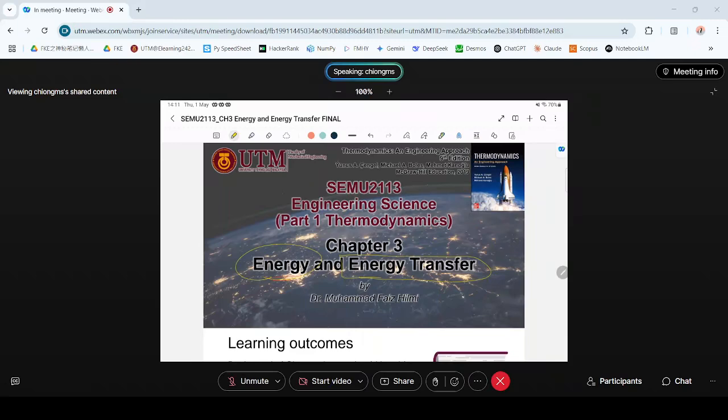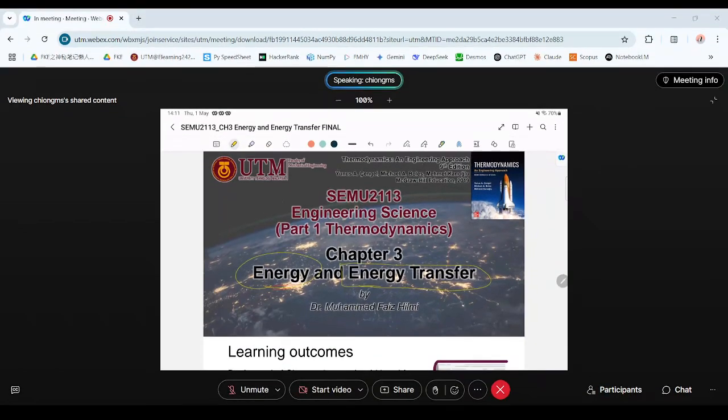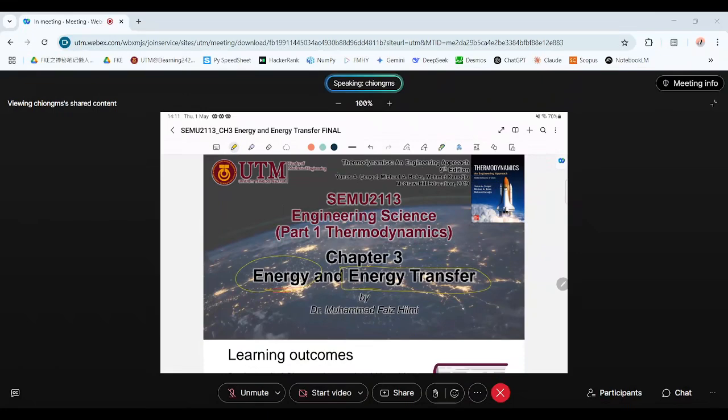Specifically, we look at two types of substance. One is a pure substance, and the second is ideal gas, something that's light enough. We learned that we can approximate its thermodynamic state using the ideal gas equation. It's a simplification to make the calculation easier.